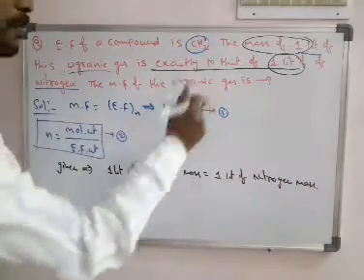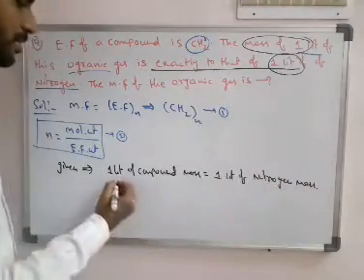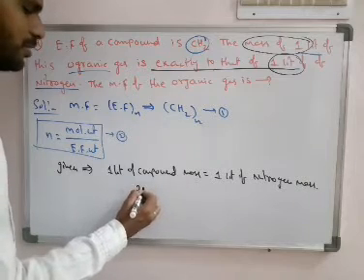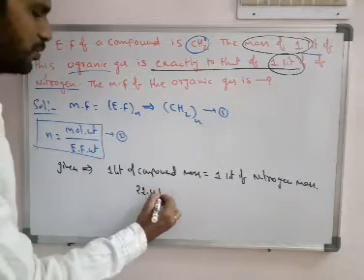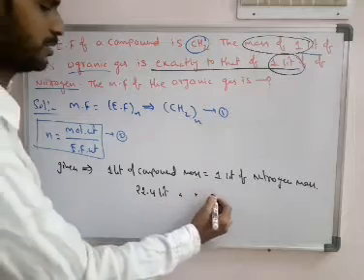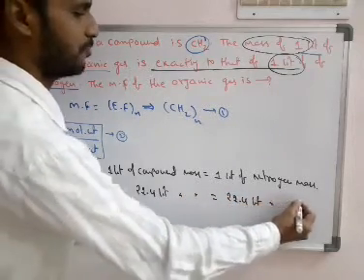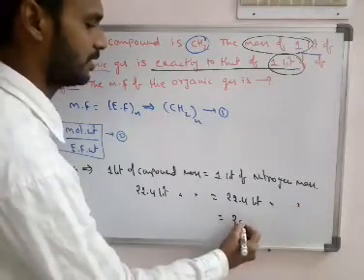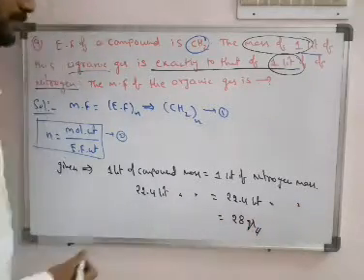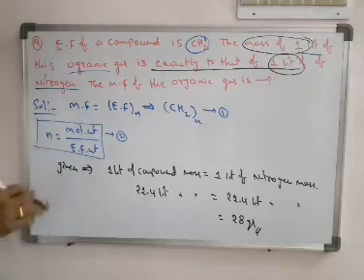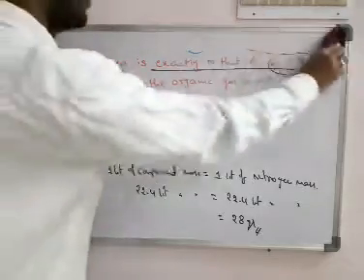To calculate the molecular weight, we have to know the mass of 22.4 liter, which is nothing but the mass of 22.4 liter of nitrogen, equal to 28 grams. Therefore we can write the molecular weight of the compound is 28.